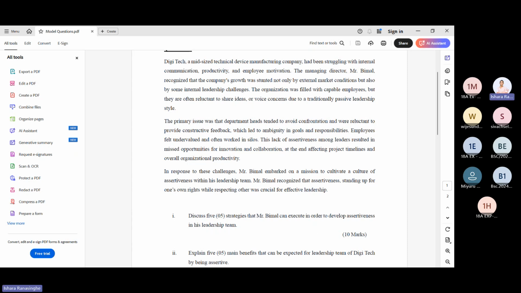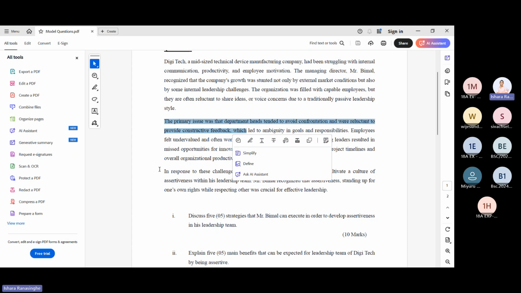Then if we move on to, so here for an example, in the case study, if I consider this point, it's saying the primary issue was that department heads, the leadership team, tended to avoid confrontation and were reluctant to provide constructive feedback.